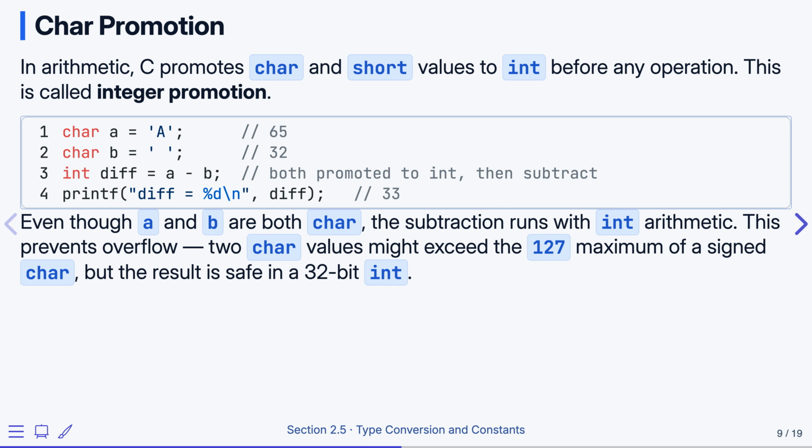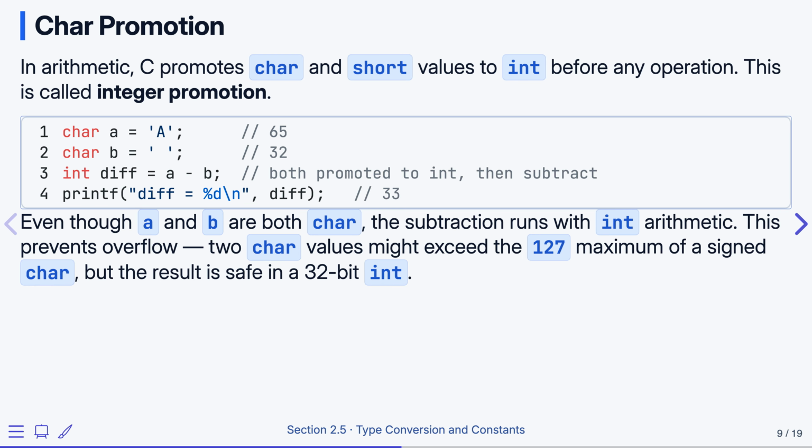Even though A and B are both char, the subtraction runs with int arithmetic. Why does C do this? To prevent overflow. Two char values might exceed the 127 maximum of a signed char, but the result is safe inside a 32-bit int.